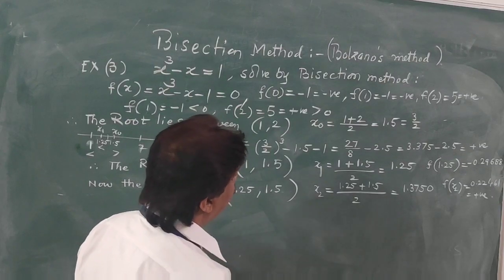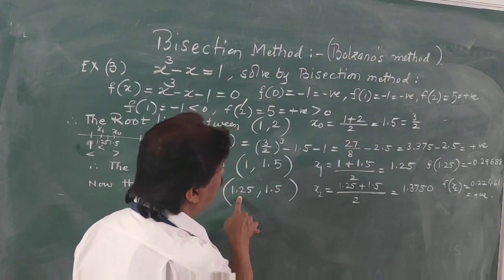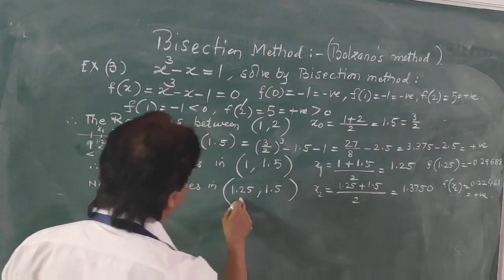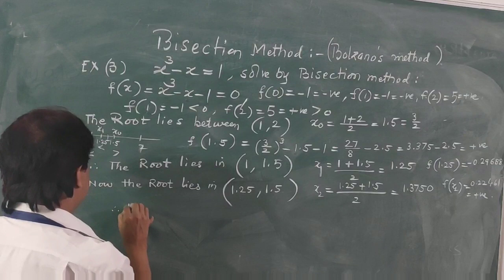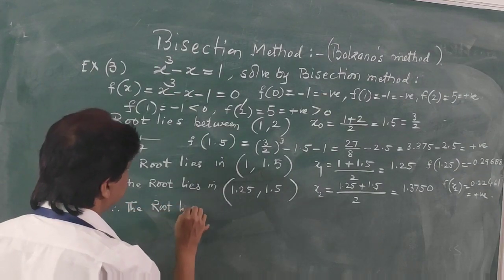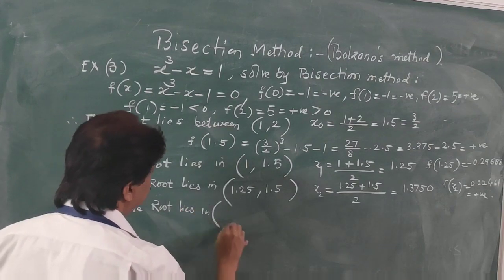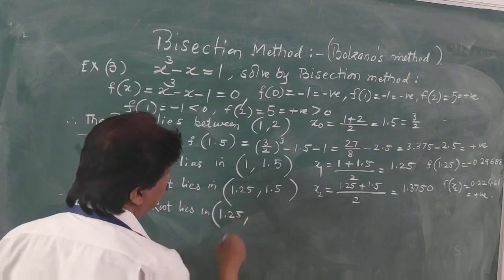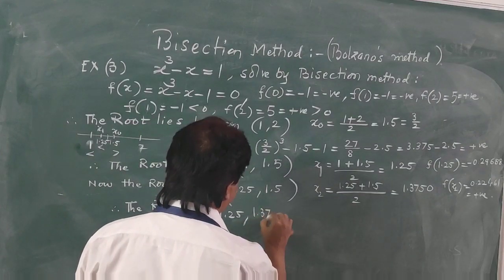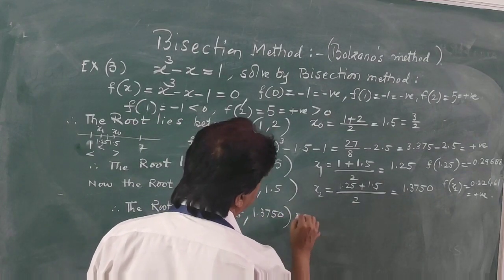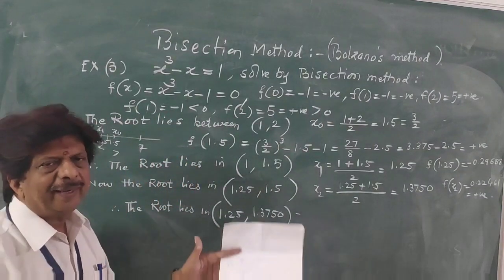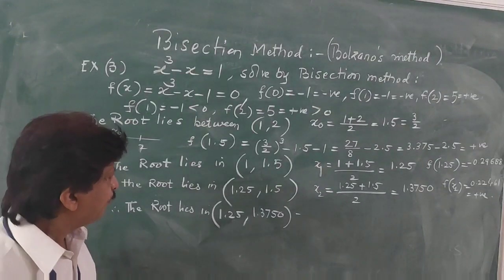This is positive and f of 1.25 is negative. For this value it is positive and for this it is negative. Therefore, the root lies in, for 1.25 it is negative and for 1.3750 it is positive. Still the interval is contracting.